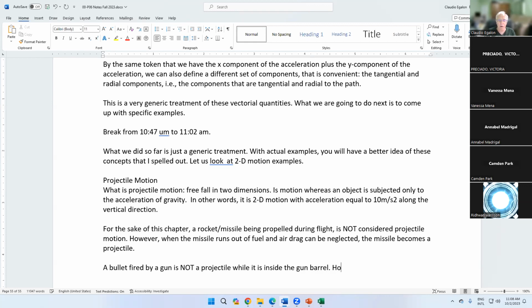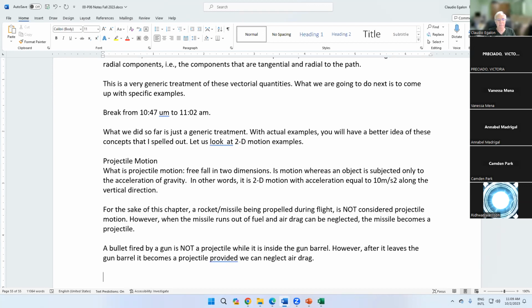However, after it leaves the gun barrel, it becomes a projectile again, provided we can neglect air drag. So those are examples of projectiles.